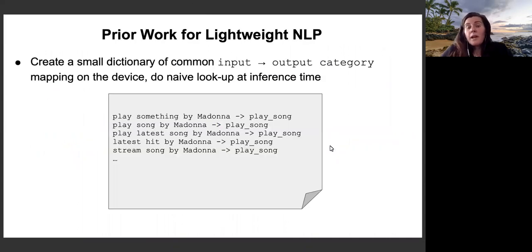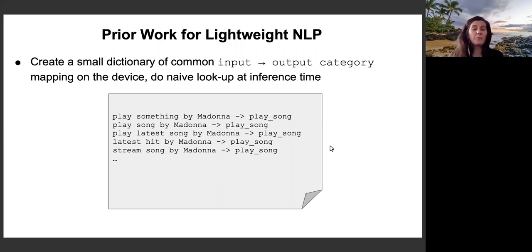So we took a look at what people did to solve this problem. And it's very funny because when we described it to a couple of folks, they said, well, how is this a problem? You can just hash the input to the output category. You do this across all the examples you want and your problem is solved. So you guys have no problem, don't create problems. And I was like, well, good point, but you either are not an NLP expert and you haven't thought about the complexity of the problem, or you haven't built a real application that somebody can use, right?